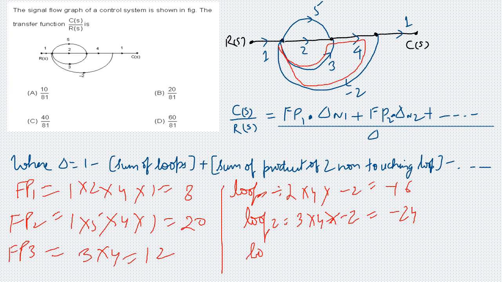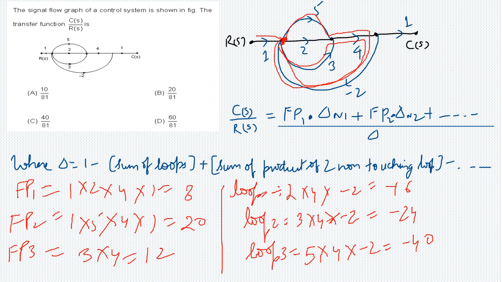Now loop 3 is traversed like this, and you reach the same point here. So 5 into 4 into minus 2 is minus 40. The summary is that we have three forward paths and three loops.